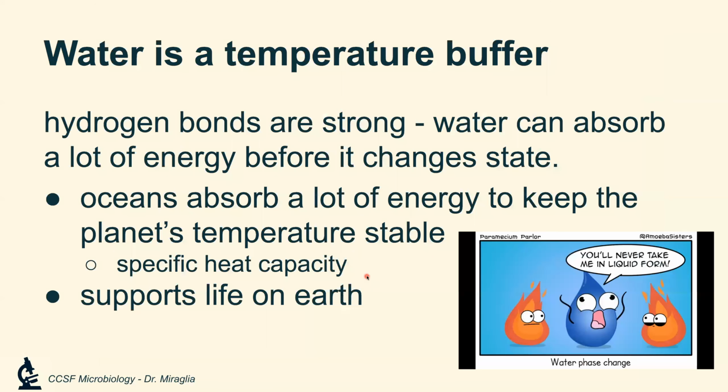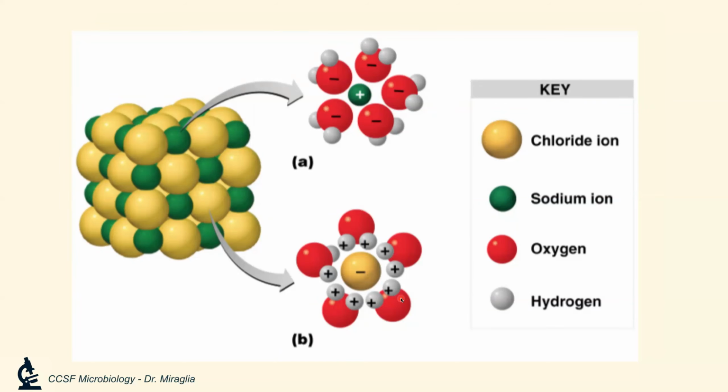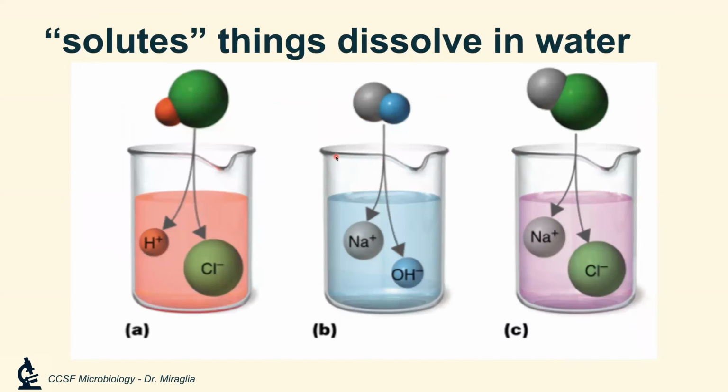And so water is actually able to form these shells of hydration around ions and pull them into solution. And so very quickly, water will take this, and all of these sodium and chloride ions will be dissolved in the water. So again, water is a solvent because these ions are dissolved in the water. And it's not just sodium chloride that's dissolved in water. Many things dissolve in water.